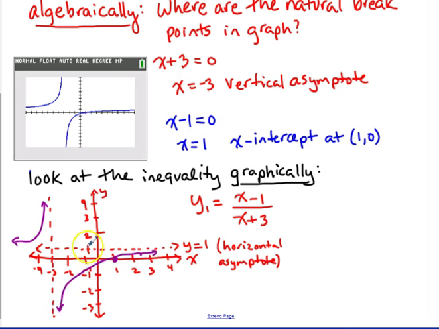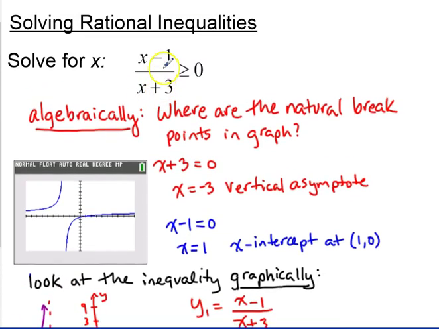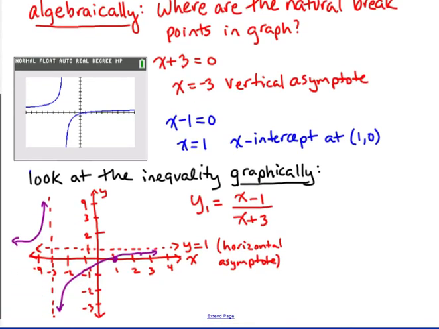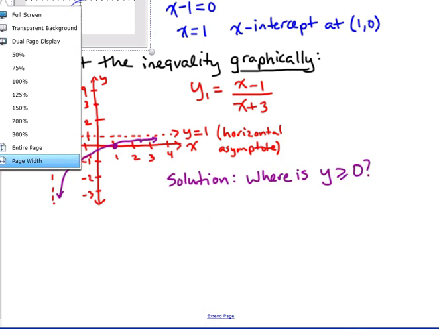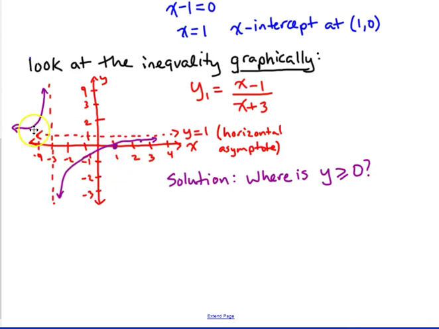Okay, so finally, where is the portion of the graph that is greater than or equal to 0? Well, let's create some space down here. It is certainly greater than or equal to 0 for all these points to the left of x equals -3, right?